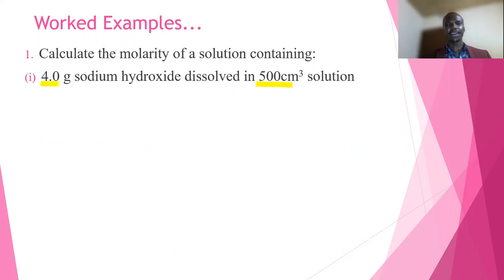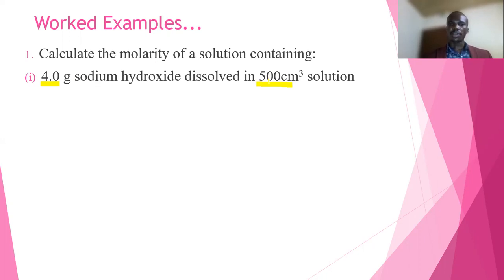Get that clear? We have said molarity is gotten by the moles of the solute over the volume of the solution in liters. Or rather, we can say that it is moles times 1,000 over the volume of the solution. I hope we are together there.